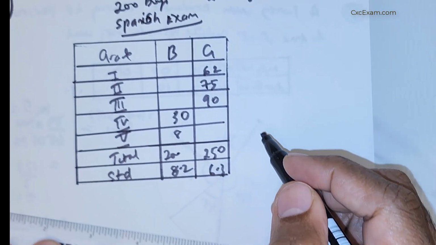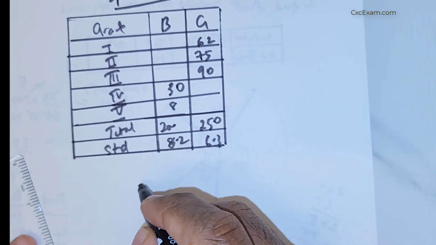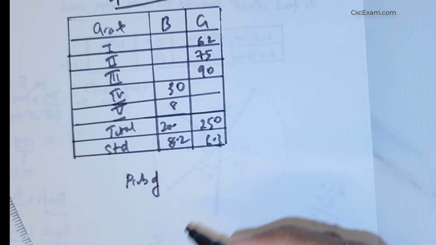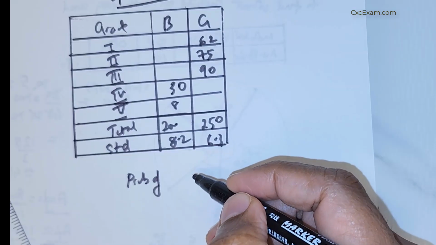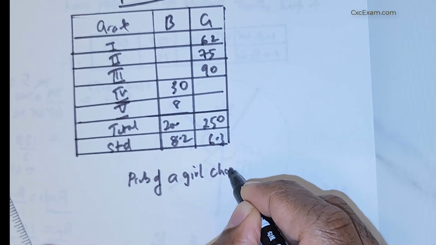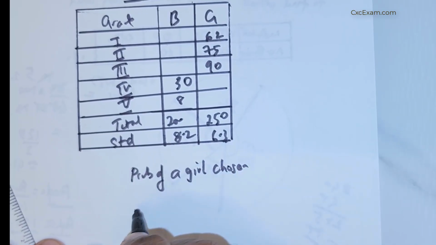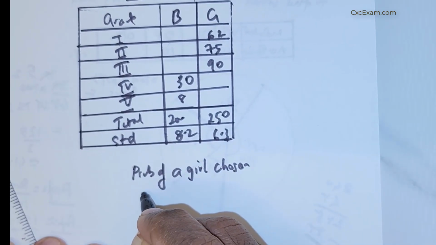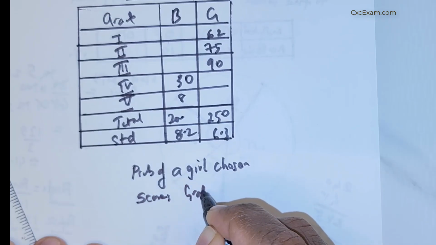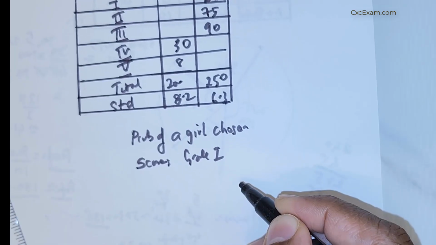So the first question is, find the probability of a girl chosen scores grade 1.